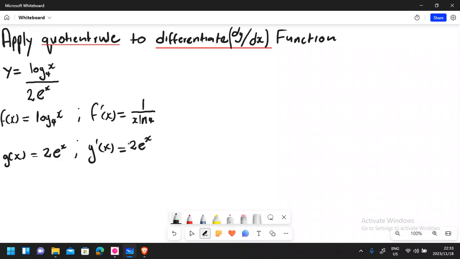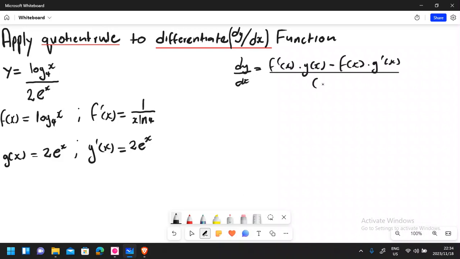Alright, now that we have differentiated both g of x and f of x, it's time for us to use the quotient rule formula. So the quotient rule formula is dy over dx equals the derivative of f of x multiplied by g of x, minus f of x multiplied by the derivative of g of x, all divided by g of x squared.